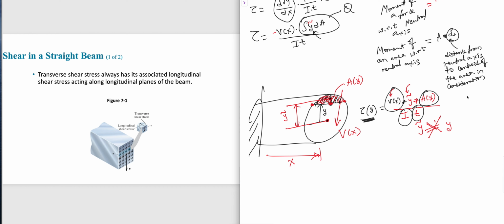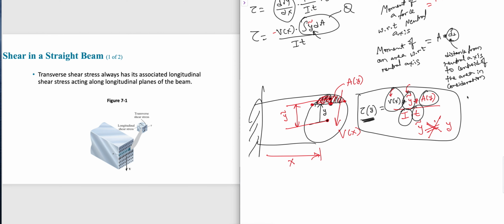But only 30% of the class knows this: what is y tilde? Y tilde is the distance between the centroid of the area above the point of consideration and the neutral axis. If you know this, you can apply this formula.